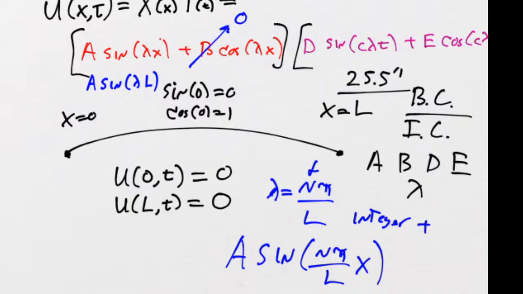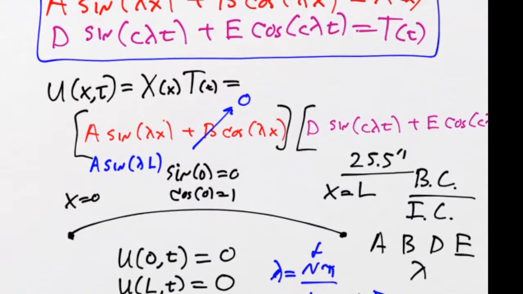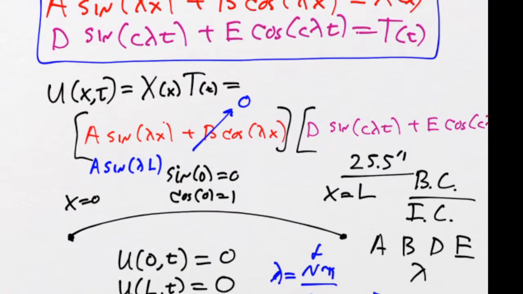So these two boundary conditions have told us two things. One is that b equals 0, and the other is that lambda is some integer times pi divided by L. So let me clean this up and include those facts.